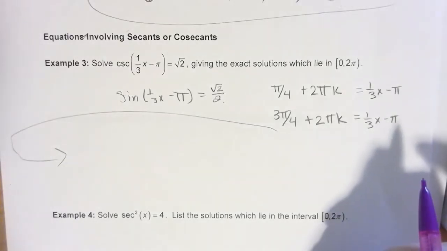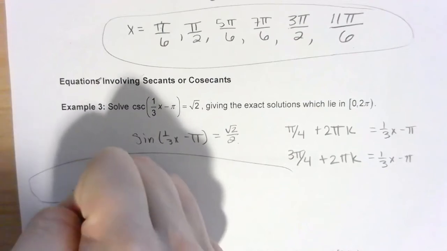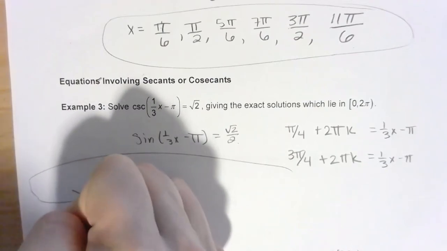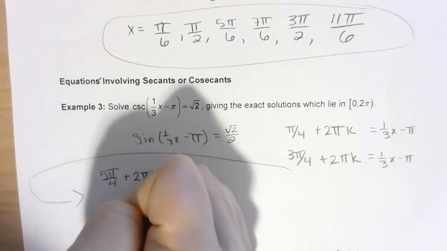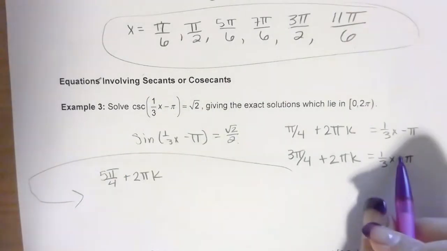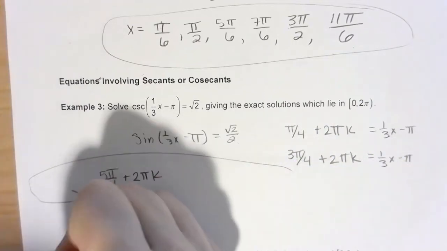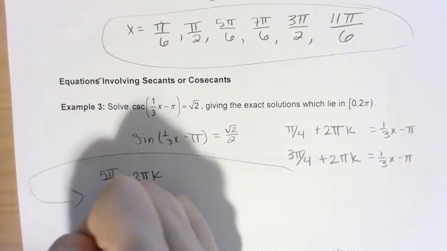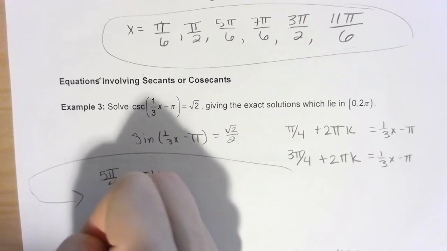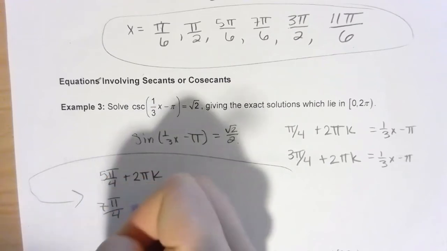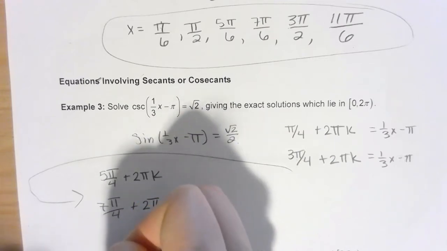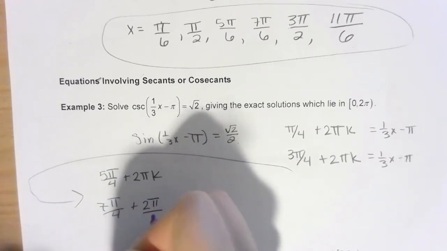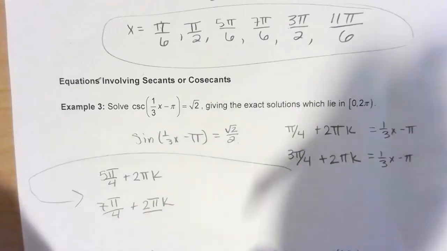So, when we add the first one, we get 5 pi over 4 plus 2 pi k. And if we add a pi over here, we would get 7 pi over 4 plus 2 pi k.